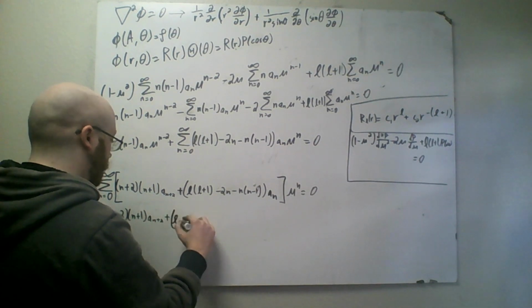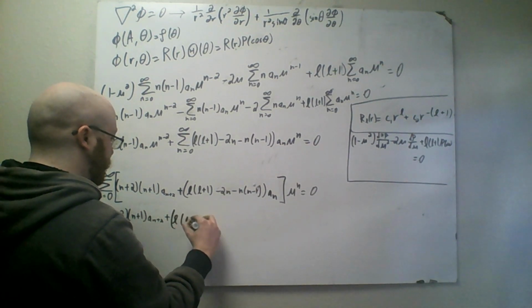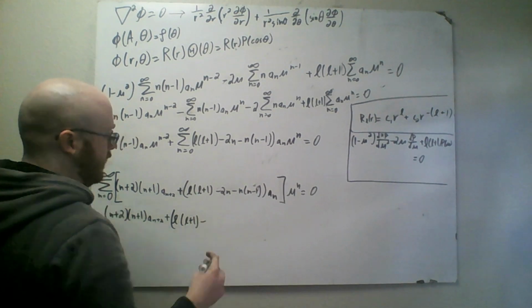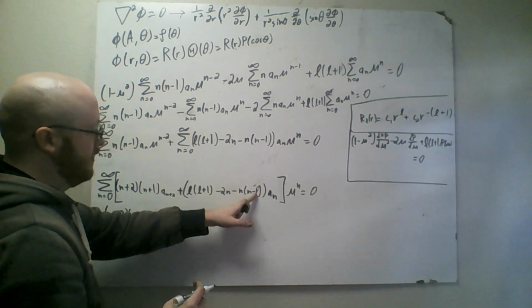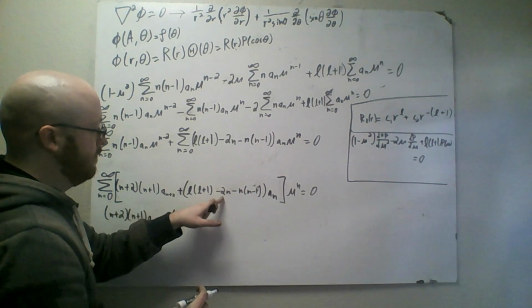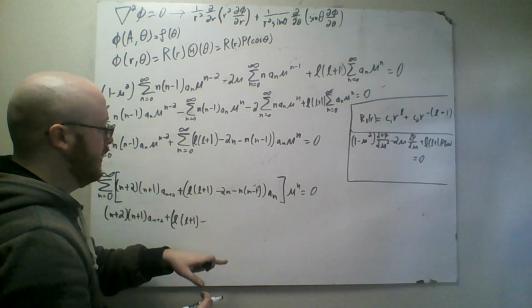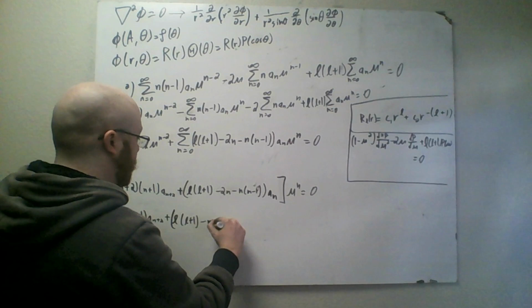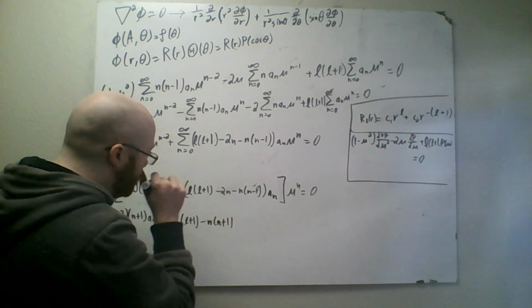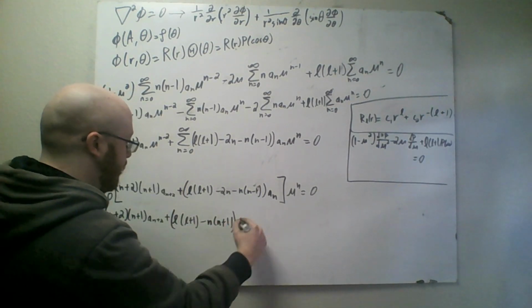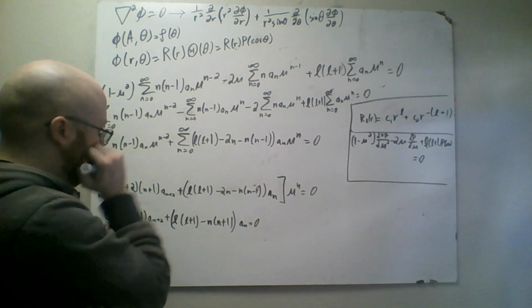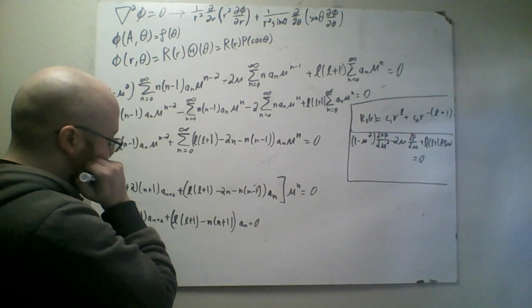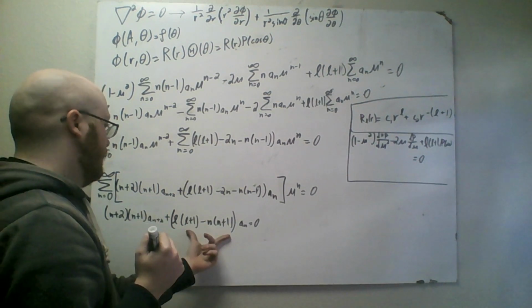It's L times L plus 1 minus, this becomes minus n squared, this becomes plus n, so this becomes minus n squared minus n, which is minus n times n plus 1, a n, equals 0. Make sure I got that right. Yeah, so this is correct.